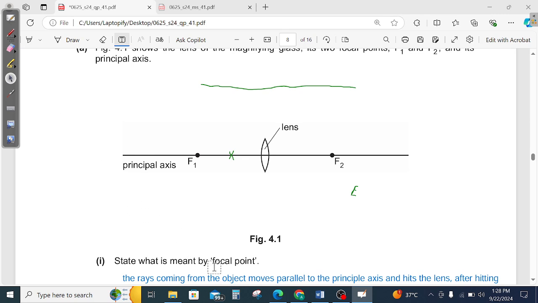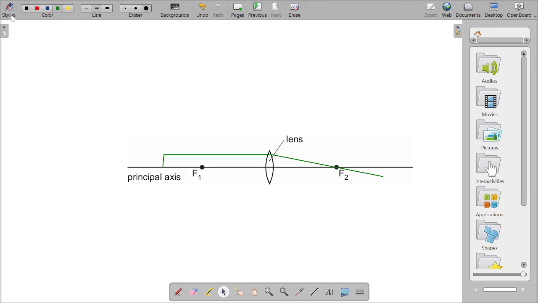If you look at the whiteboard, I will move towards it. I will write for your understanding. This is the position of the image. Rays parallel to the principal axis move towards the lens and then converge towards the focal point, and the second ray passes through the center just like that.